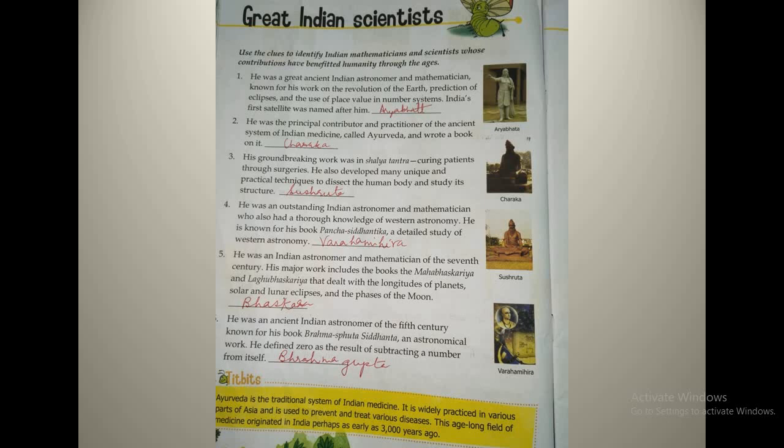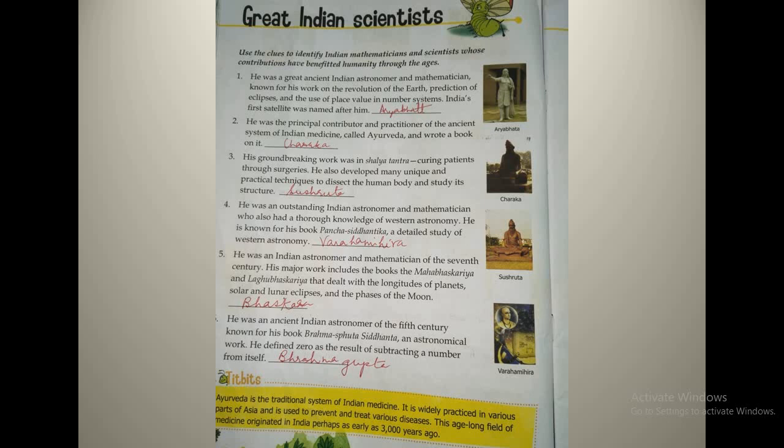Varaha Mihira. Next, he was an Indian astronomer and mathematician of the 7th century. His major work includes the books Mahabhaskariya and Laghu Bhaskariya that dealt with the longitudes of planets, solar and lunar eclipse and the phases of moon.